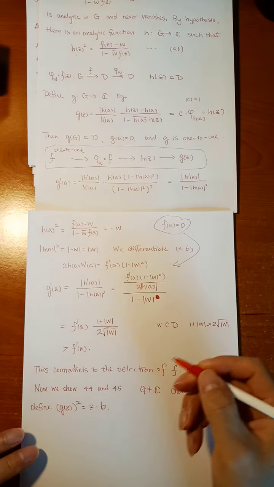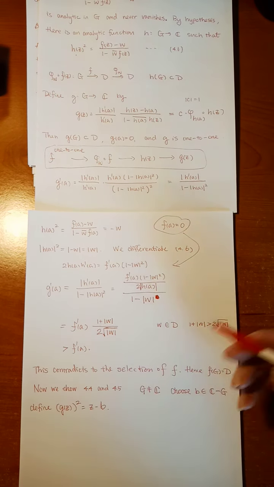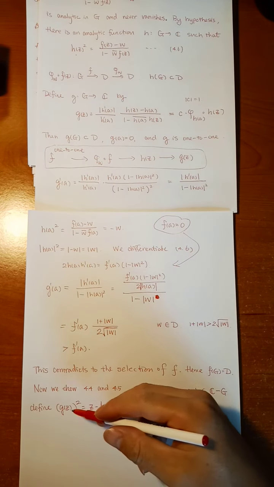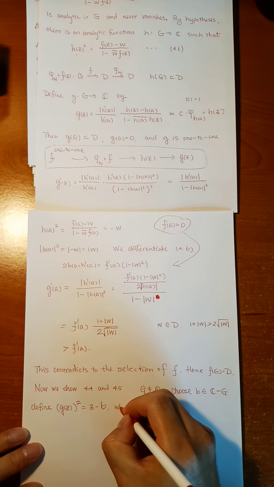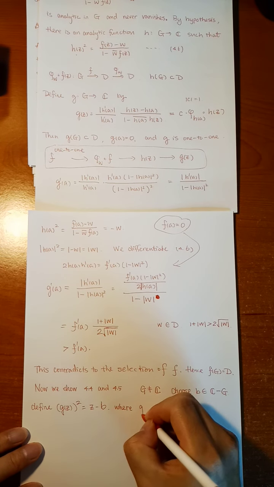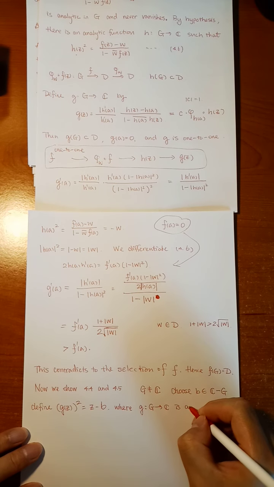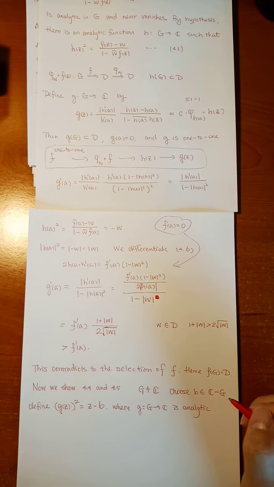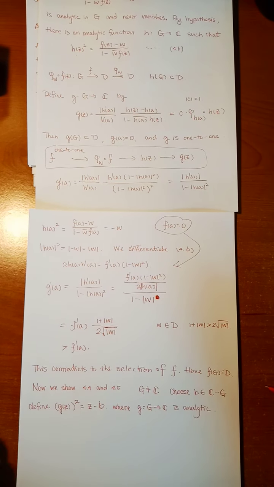Again, z minus b is a non-vanishing analytic function, so it has a square root. So we define the analytic function g from G to C. Once again, we use that every non-vanishing function has an analytic square root.